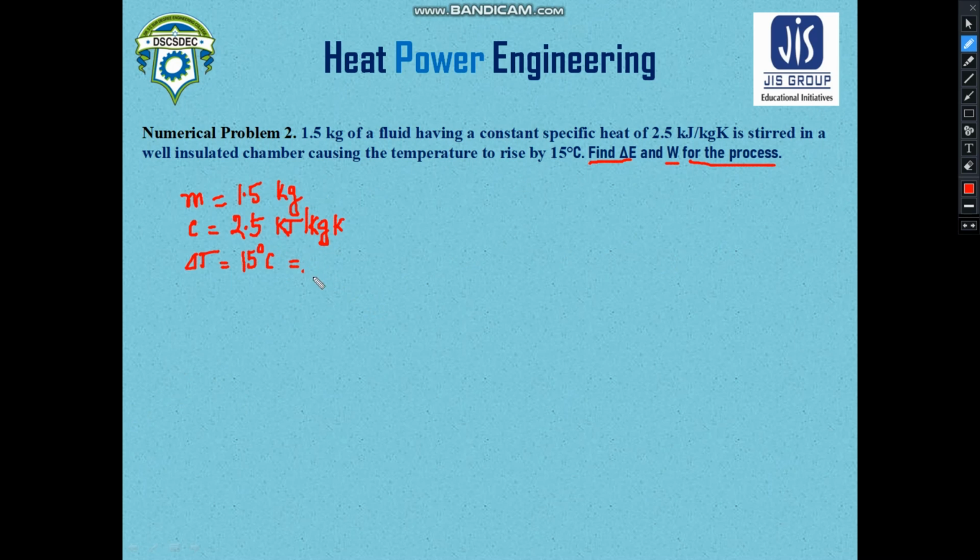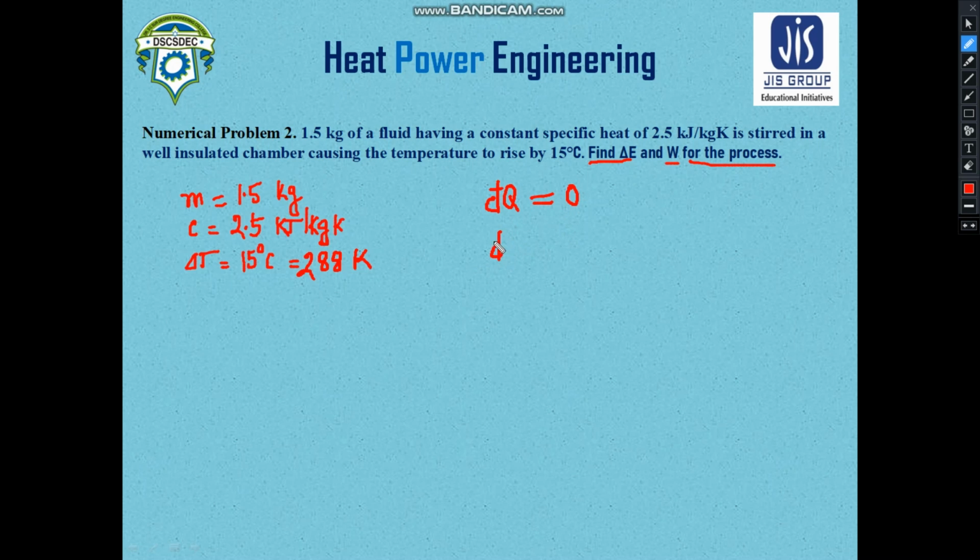Now the question is, it is well understood, I believe, that there is no heat transfer here because the chamber is insulated, so no heat transfer is possible from the outside. So this dQ would become 0.